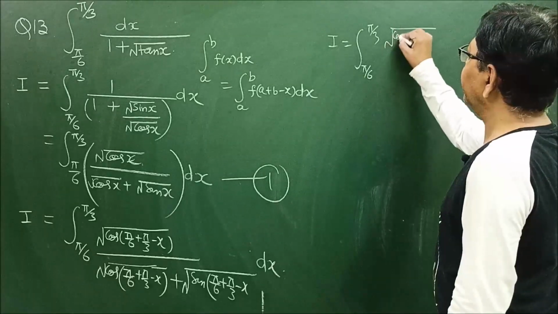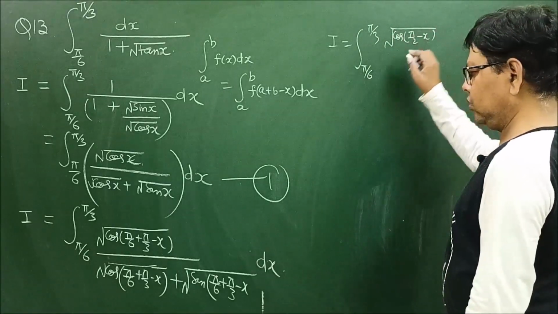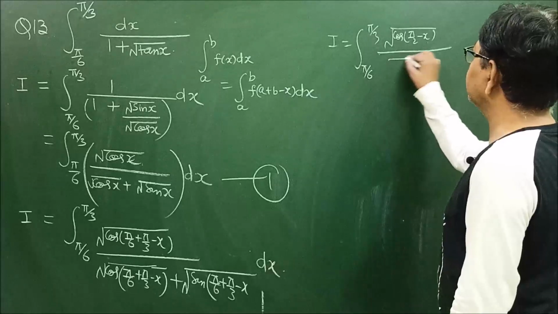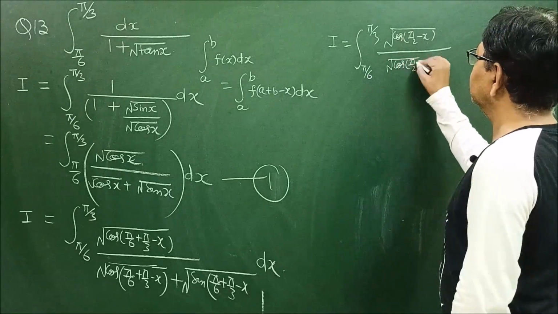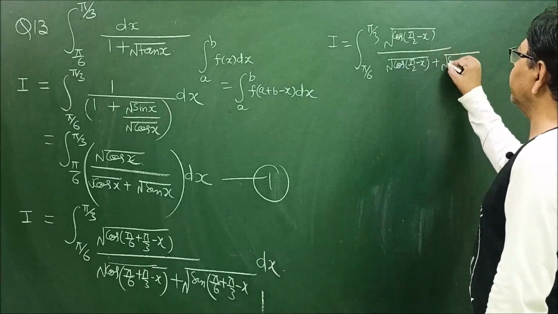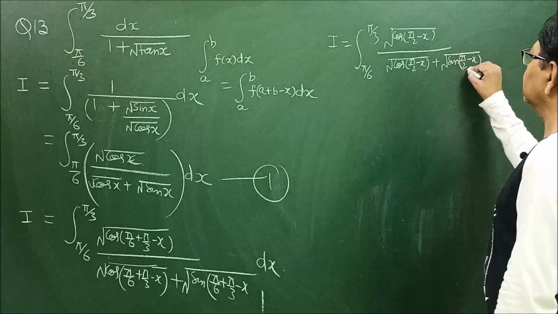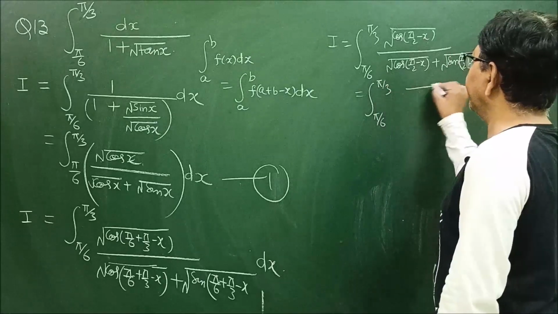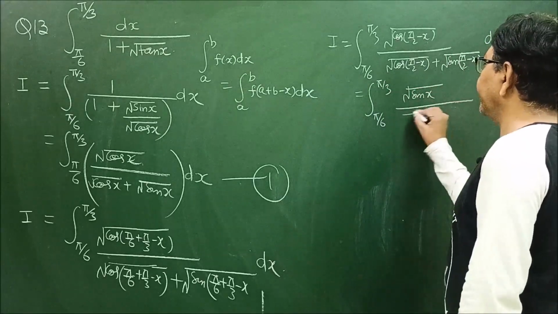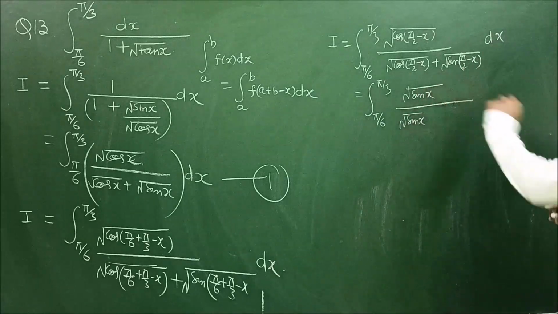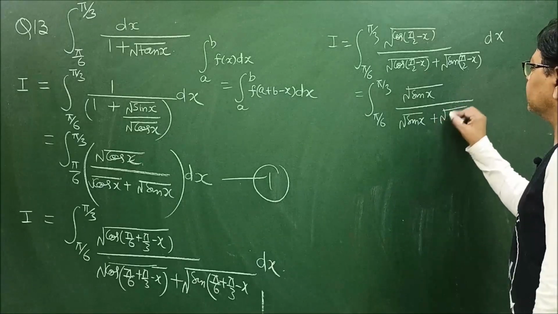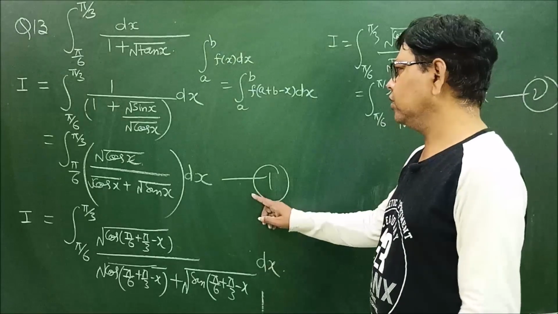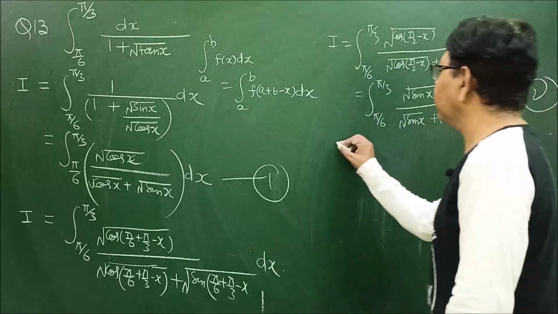So root cos of pi by 2 minus x upon root cos of pi by 2 minus x plus root sin of pi by 2 minus x, dx, which is equal to pi by 6 to pi by 3 root sin x upon root sin x plus root cos x dx, because cos of 90 minus x is equal to sin x. This is number 2.